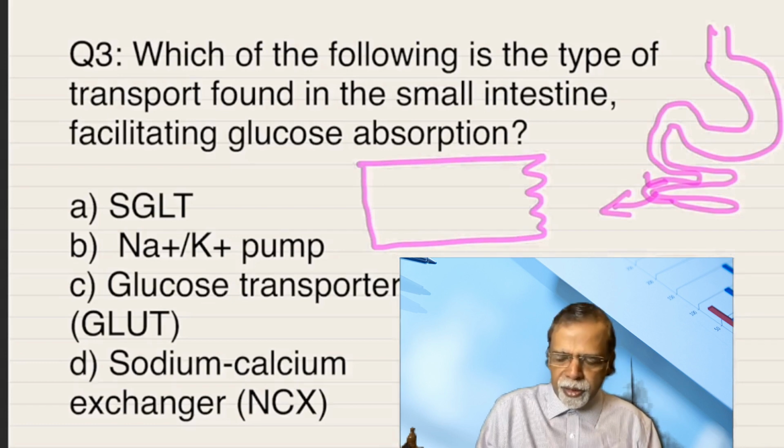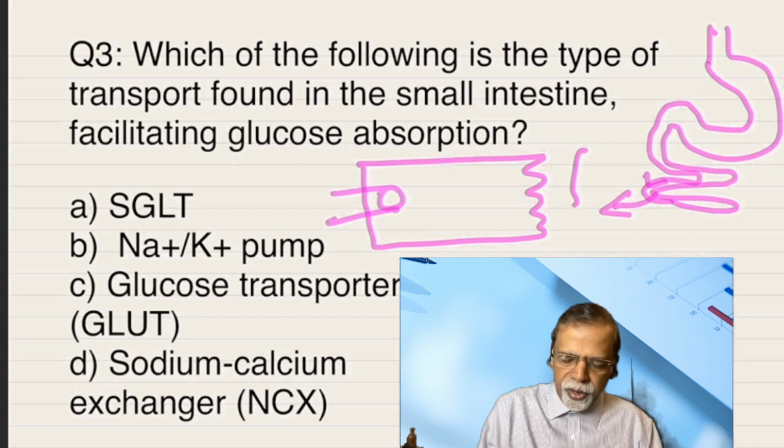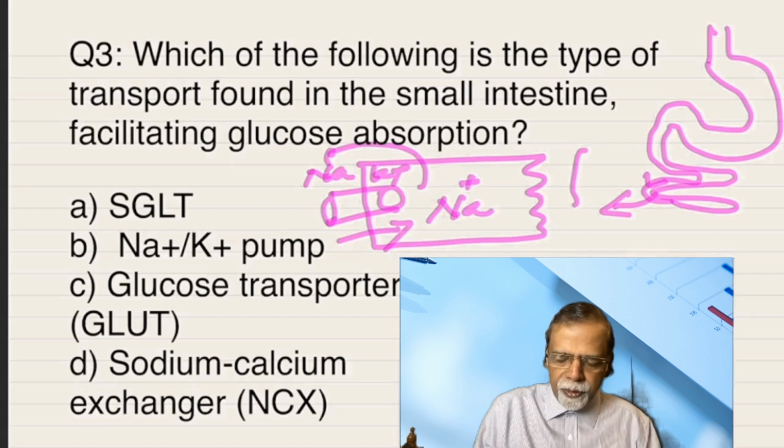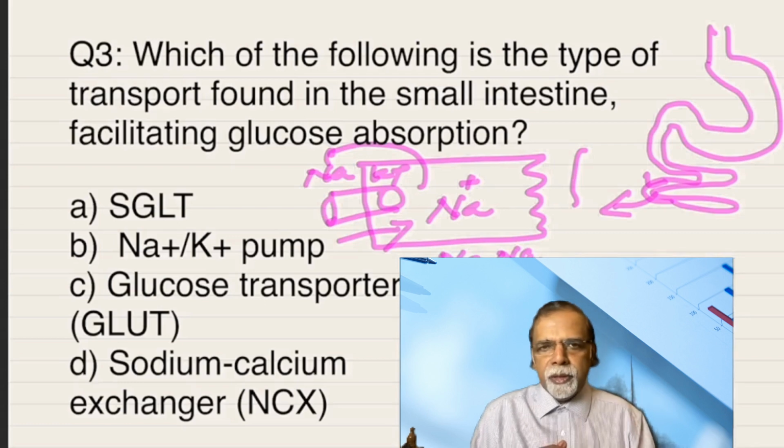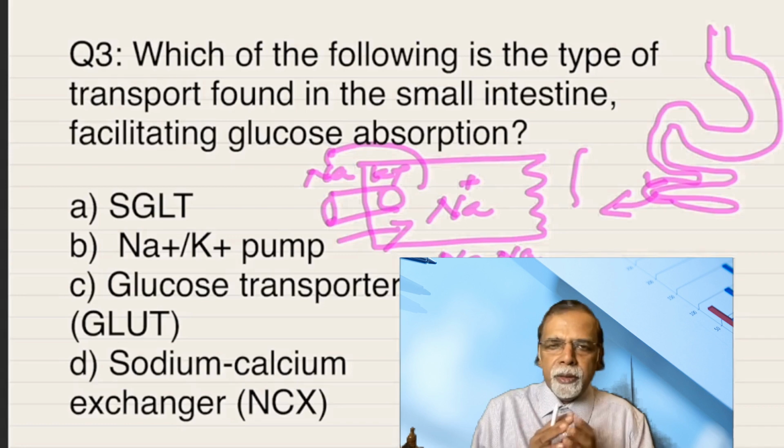This is the luminal side and this is the cytoplasm, and we have the sodium-potassium ATPase, which pumps potassium inside and sodium outside, so that the sodium concentration inside the cell is comparatively less. There is a concentration gradient for sodium into the cell maintained by the sodium-potassium pump.